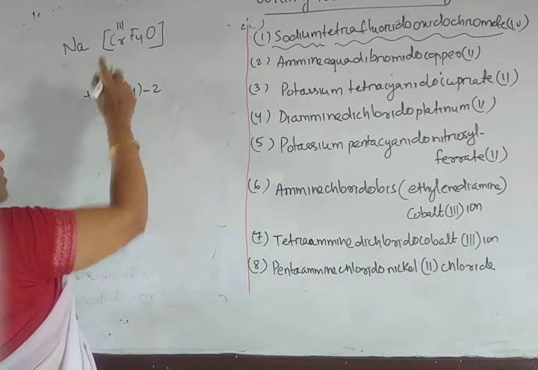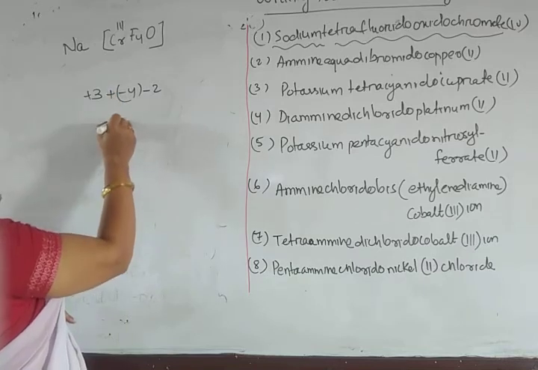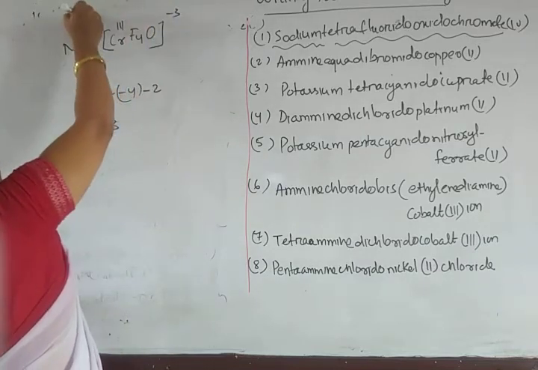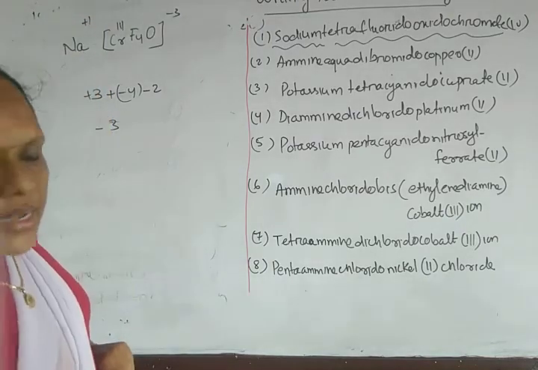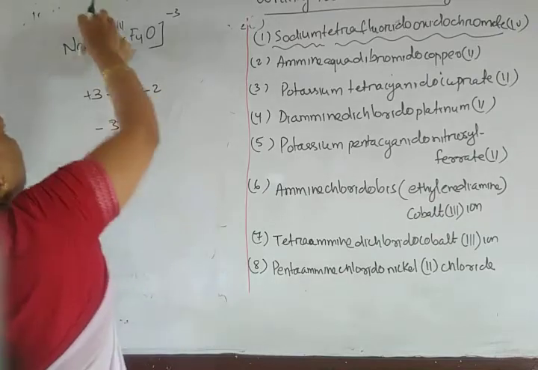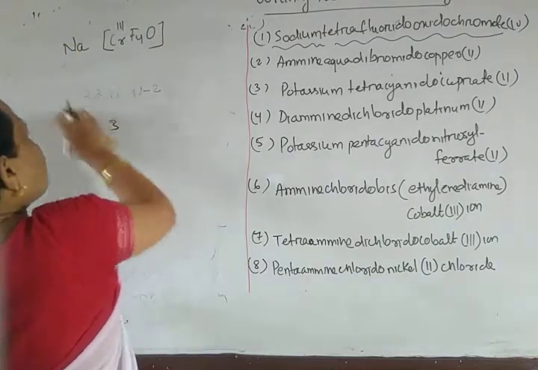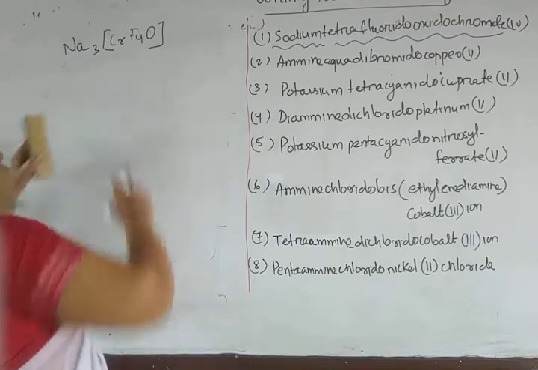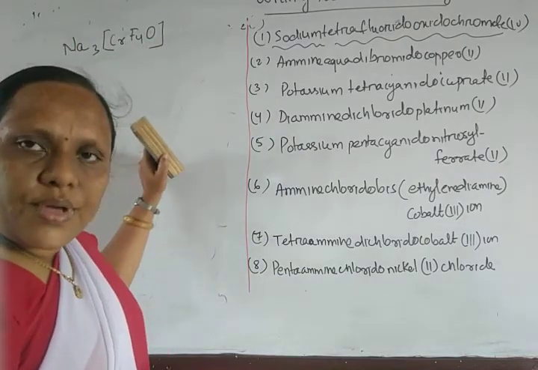In this complex part has charge -3 and sodium has charge +1. Just crisscross this number, then you can find out the formula, and the formula of the compound is Na3[CrF4O]. Okay, now clear?